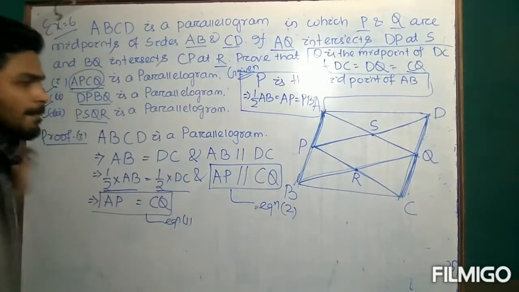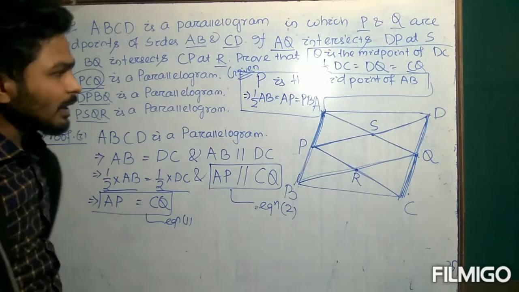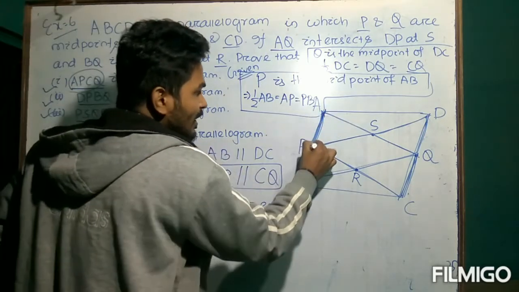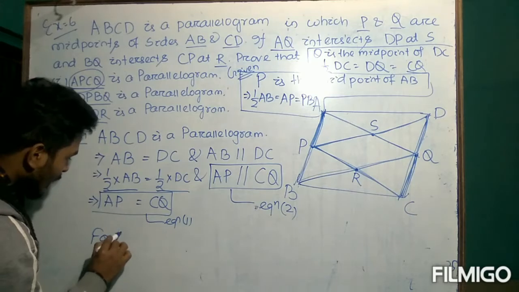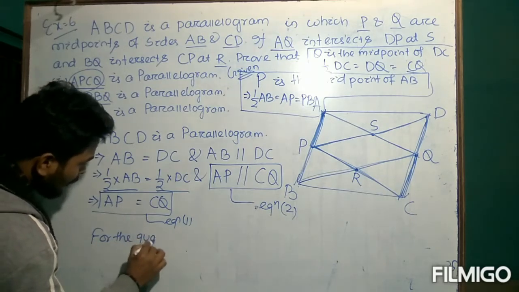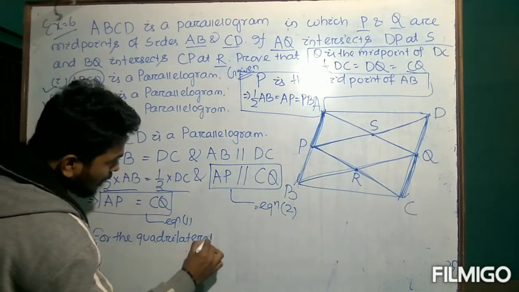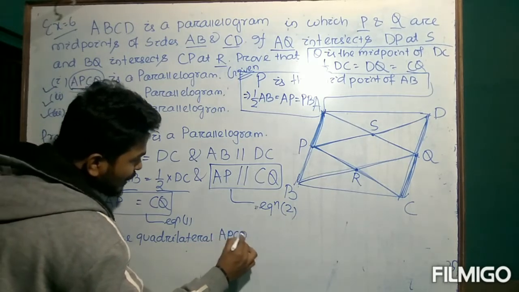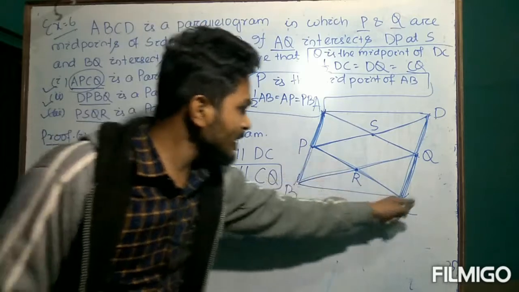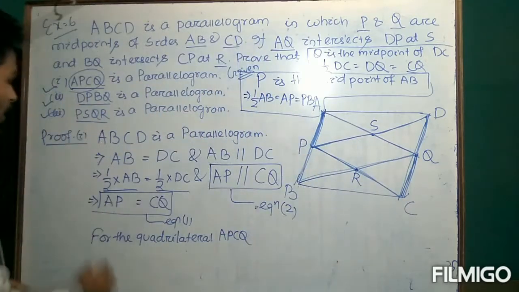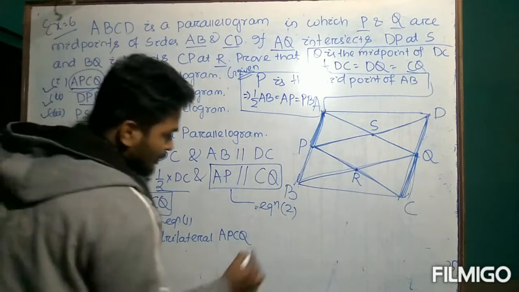Is it clear? Okay, so what we have got finally? In equation 1, for the quadrilateral APCQ, we have got this side equal to this side: AP is equal to CQ.